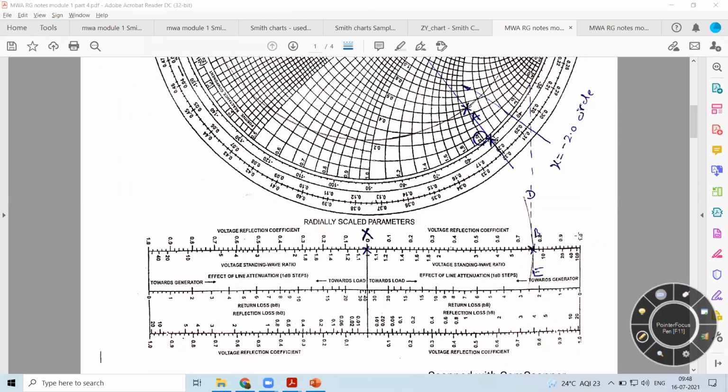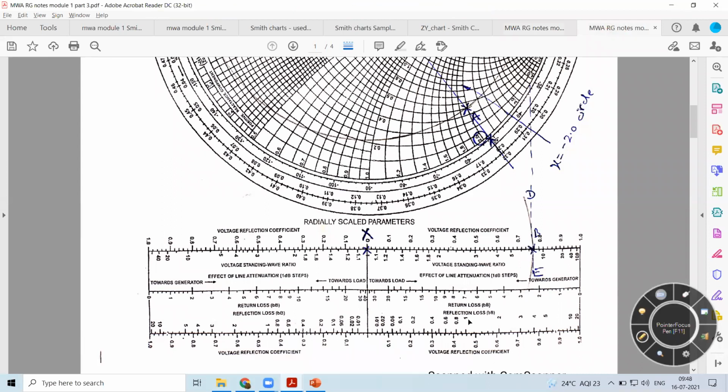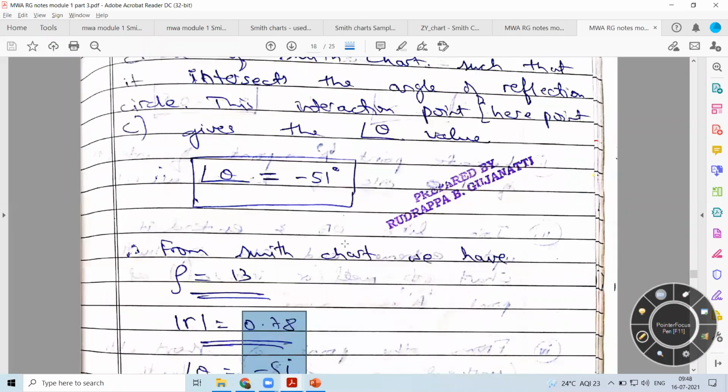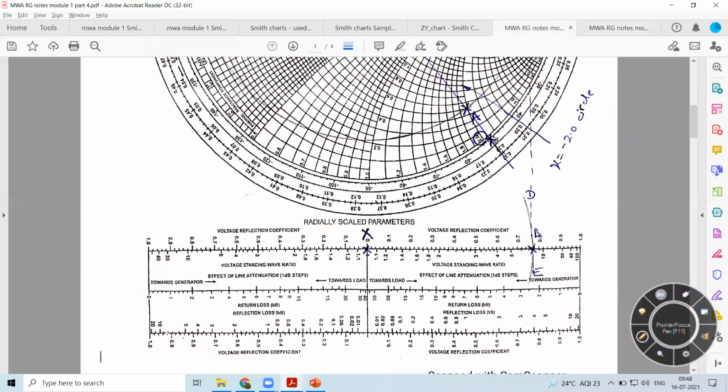Now, what about the voltage standing wave ratio? If you want, you can cross verify with the equation also. It will be very close to the value we have obtained, with slight decimal variations. Here you can see that we have VSWR also. You can measure the VSWR from this plot.